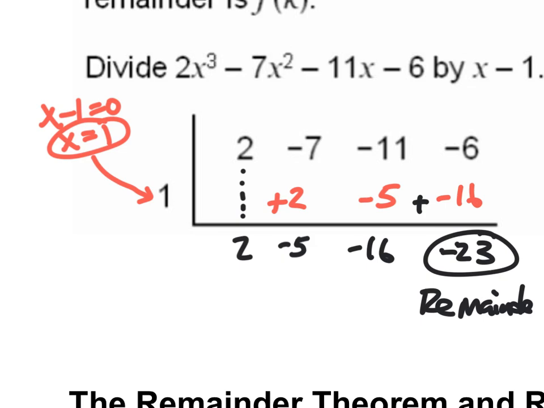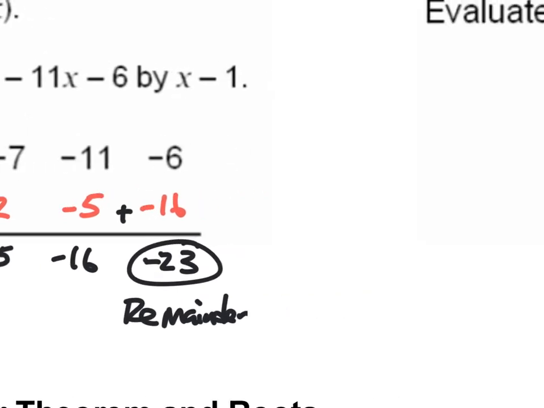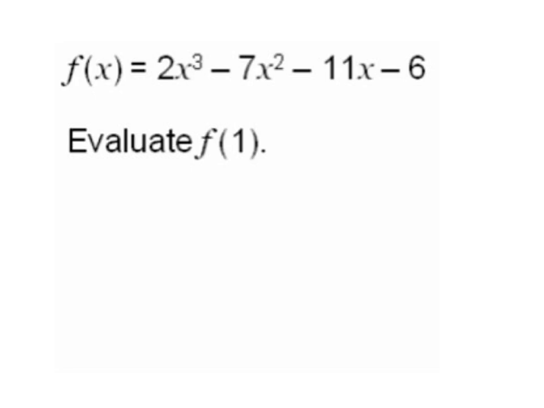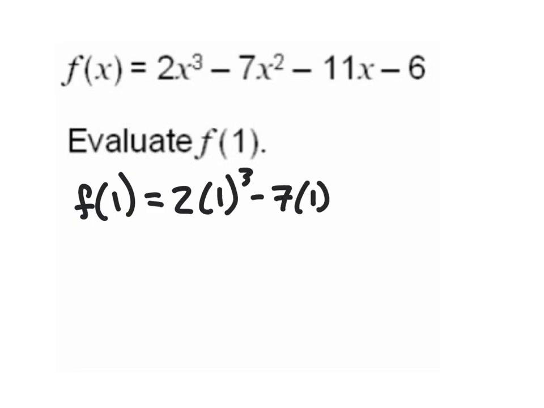Okay, now what I want to do is plug in 1 into this function and see what we get, okay? So I'm going to do f of 1, so wherever I had an x, I'm going to plug in 1. So 2 times 1 cubed minus 7 times 1 squared minus 11 times 1 minus 6, okay?